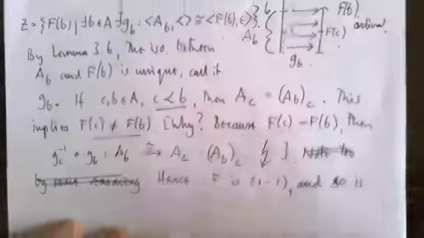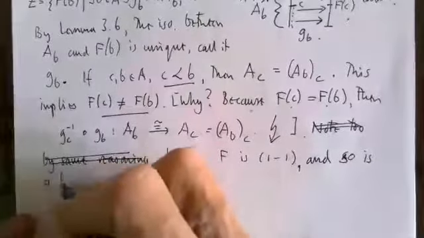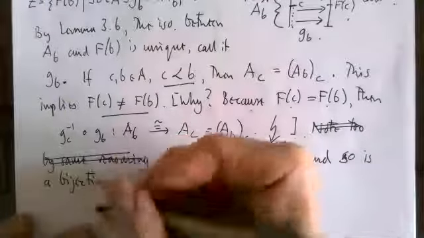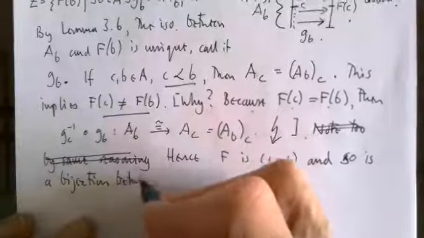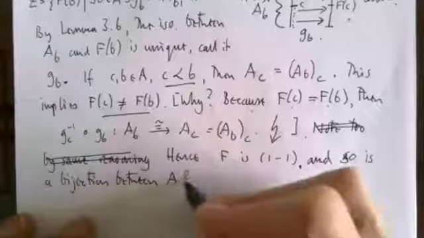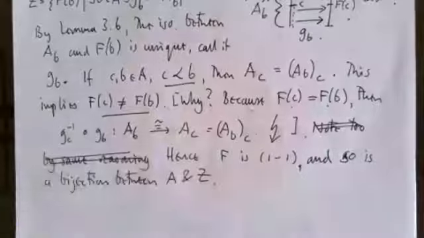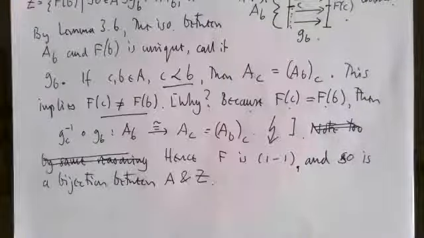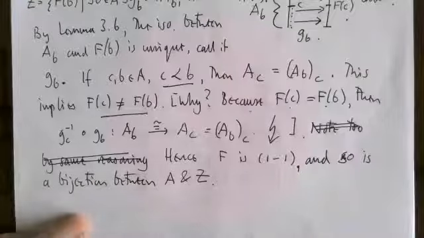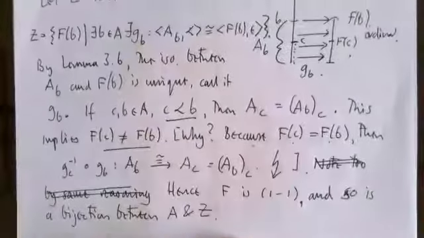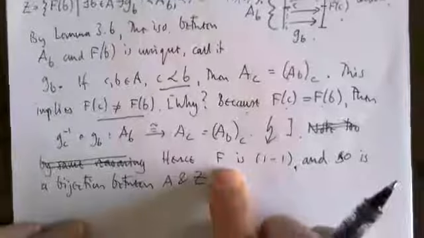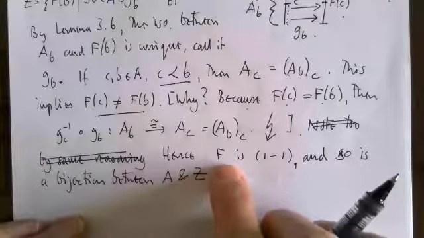And so there's a bijection between A and Z. So ultimately, I'd like Z to be an ordinal, and f to be my order isomorphism. Well, I've got that it's a bijection, so I just try and verify the rest of that.